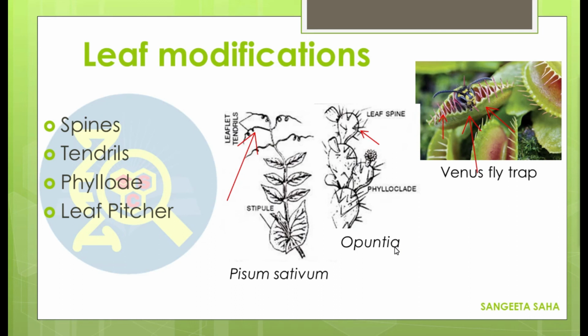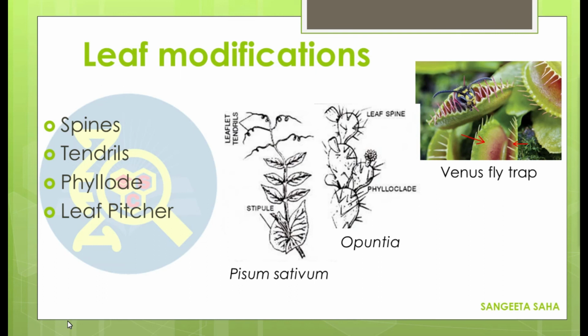When anything touches them, be it an insect, the two lobes that you get to see here, this lobe and this lobe, will get closed, and whatever touches them will get trapped inside.